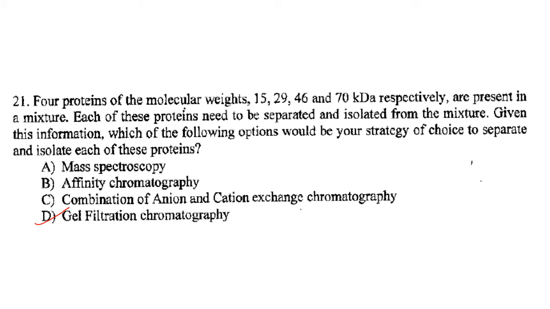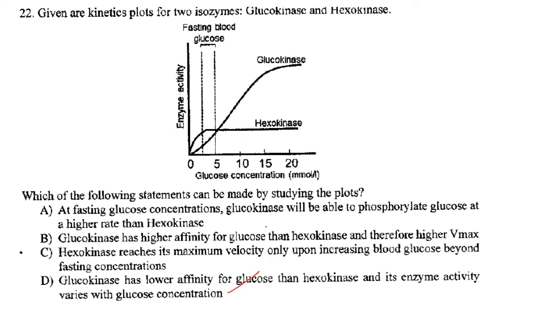Mass spectroscopy, affinity chromatography, combination of anion and cation exchange chromatography, gel filtration chromatography. Since they have given only molecular weight as the data, you need gel filtration chromatography for separating out proteins of these different molecular weights. So the next one.